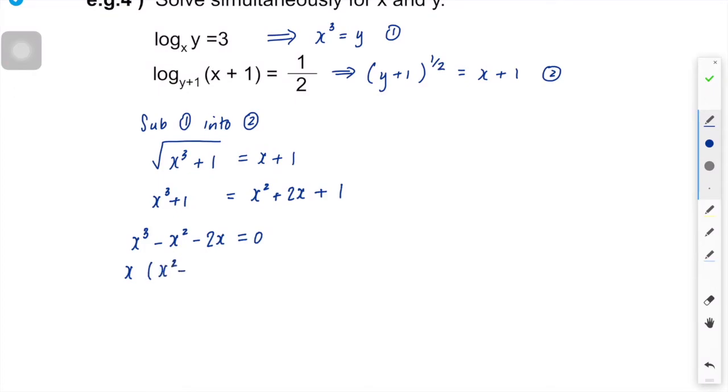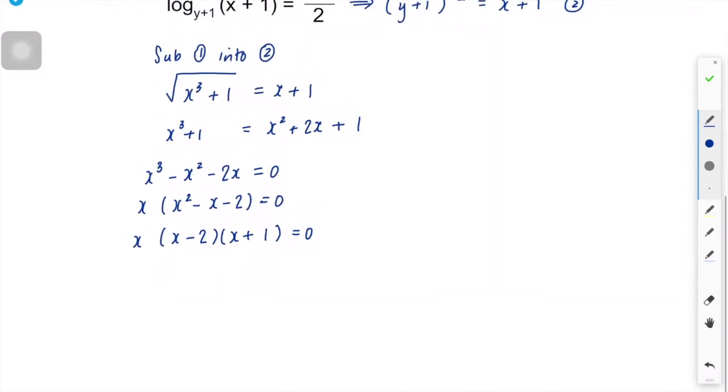So x times x squared minus x minus 2. Looks like we can keep factoring: x minus 2, x plus 1. Okay, so we'll just pretend that we're solving this polynomial equation for now. We know that x will be 0, or x will be 2, positive, or x is negative 1.